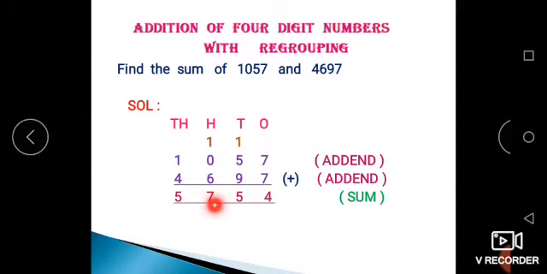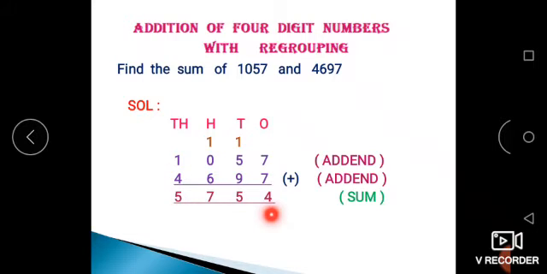Next we will add the hundreds place column: 1 plus 0 plus 6. The answer is 7. So we write 7 in the hundreds place of the answer. Next we add the thousands column: 1 plus 4.